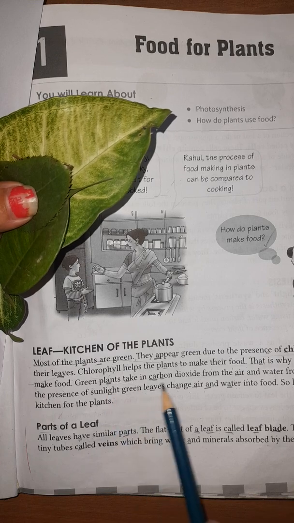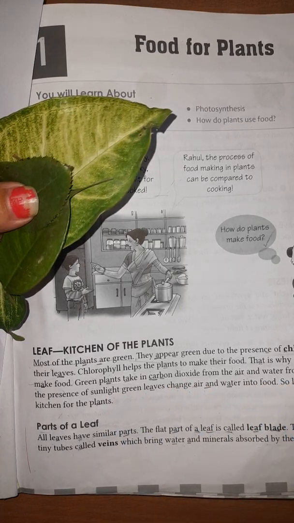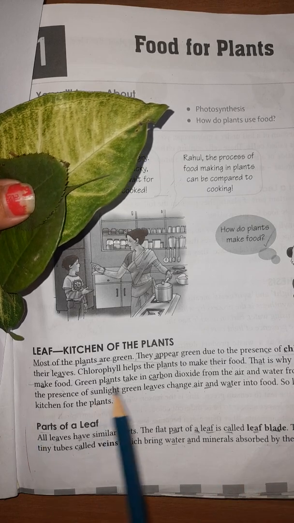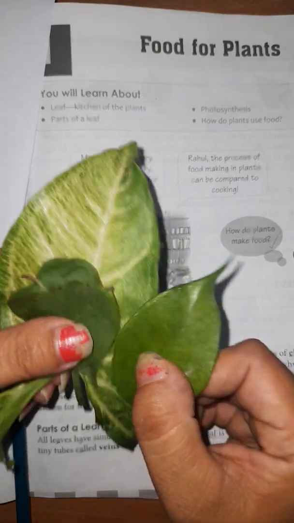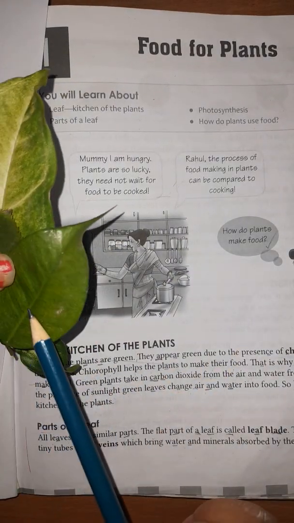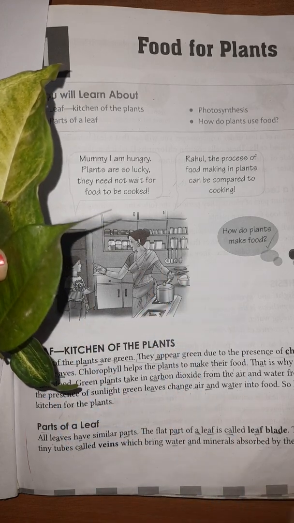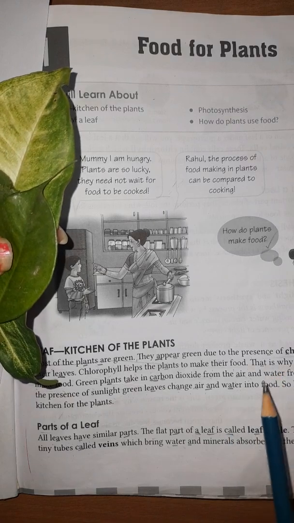Green plants take in carbon dioxide from the air and water from the soil. Because of a small pigment found in the leaves, it turns green in color. So all green plants make food with the help of chlorophyll.